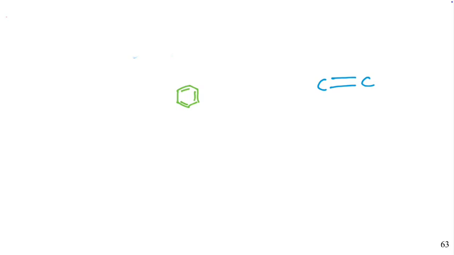What do you see when you see an alkene? Do you get the polarity? No. Resonance only works if we've got the polarity. So when we look at that alkene, that blue structure, what do we see?